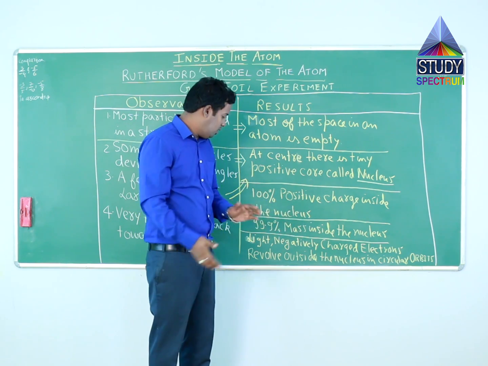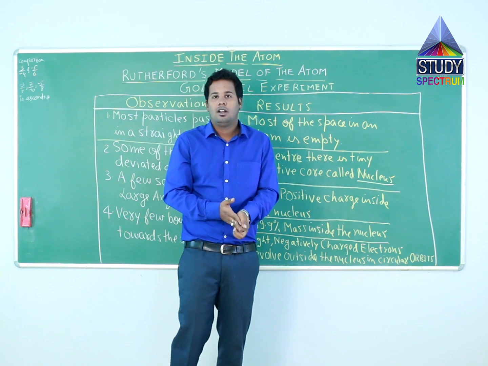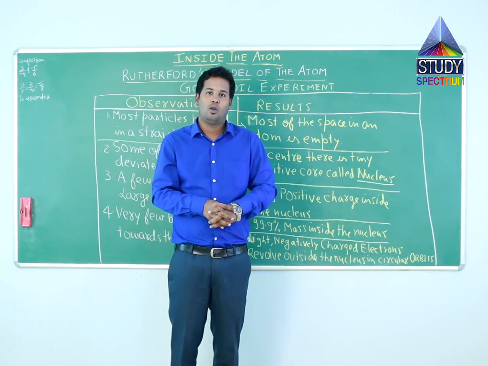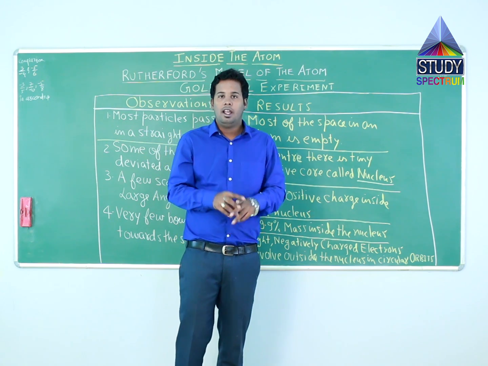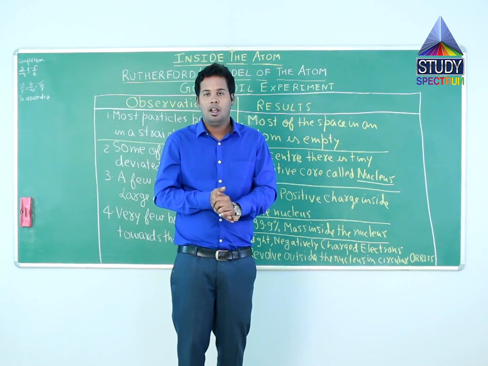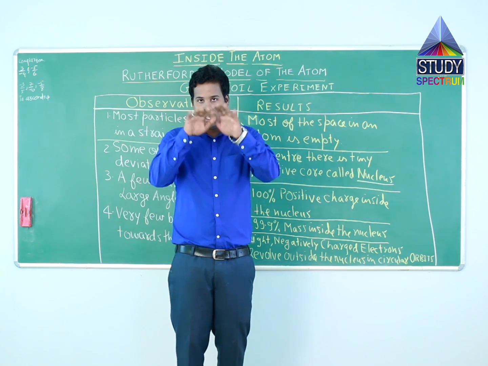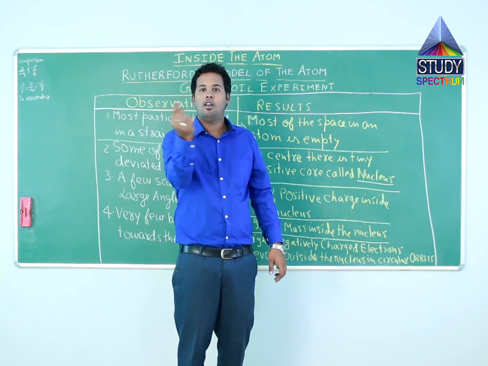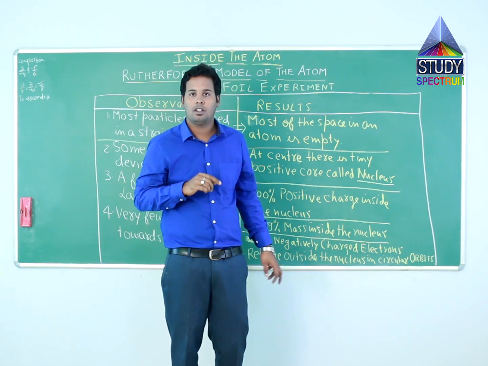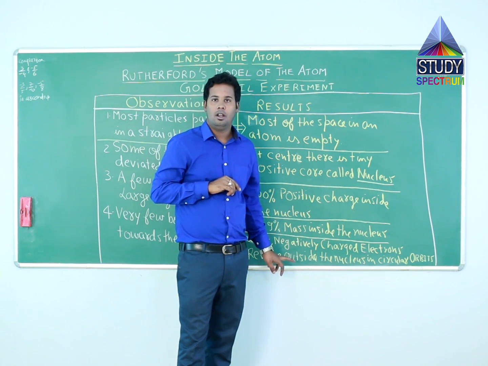Okay. Now the last result he gave on the basis of the analogy of our solar system. He said electrons, which are very light and negatively charged species outside the nucleus but inside the atom, are revolving around that nucleus in their own paths, and those paths were termed as orbits.